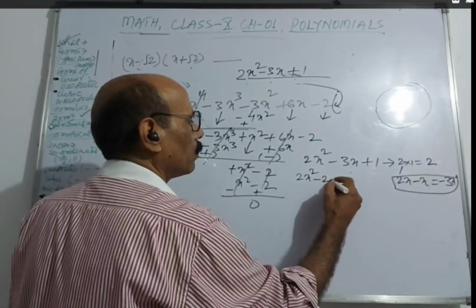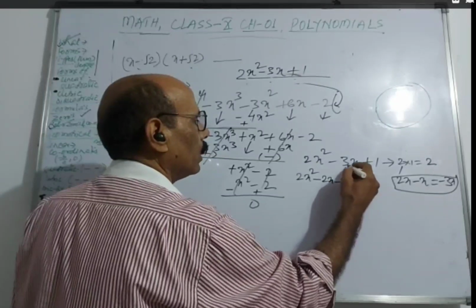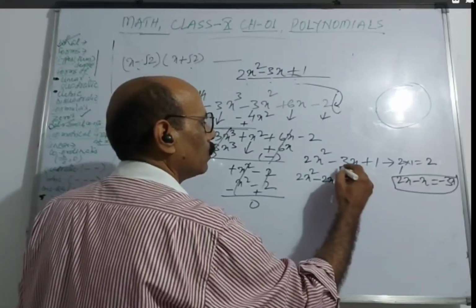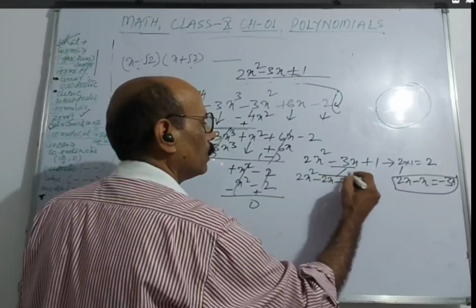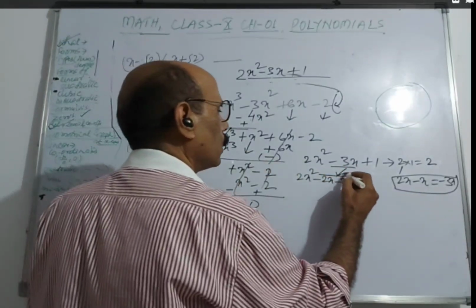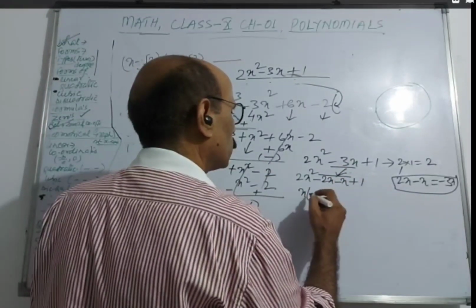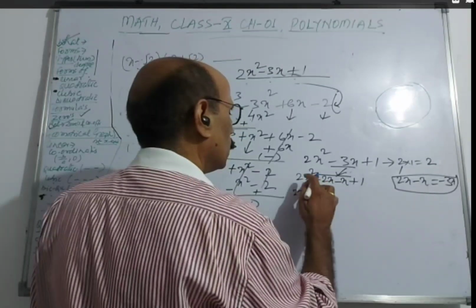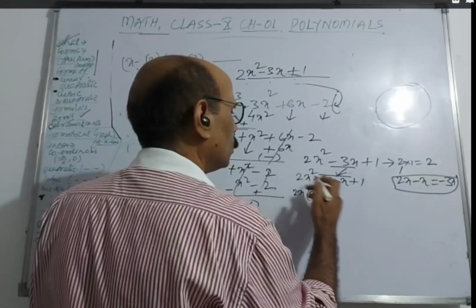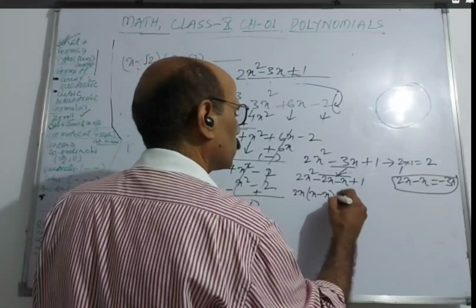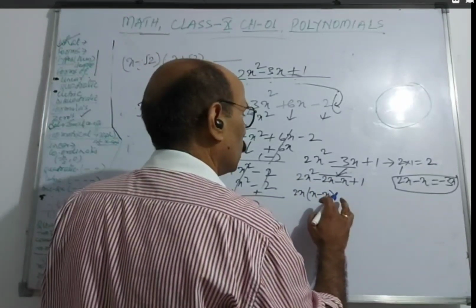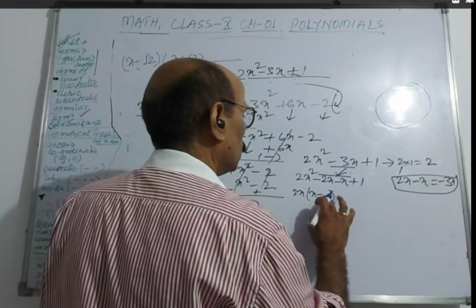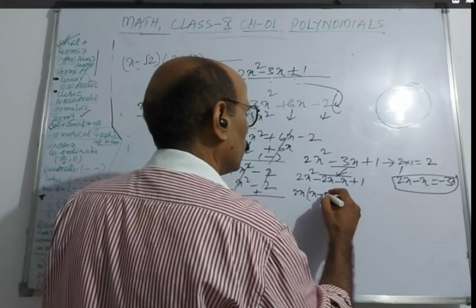Split the middle term: 2x square minus 2x minus x plus 1. In place of this, we have written this. Now, if you take 2x common, 2 and x, so x is left here, 2x out, minus 1. And from this, minus 1 out, so here if you take minus 1, it will be minus 1 times x minus 1.